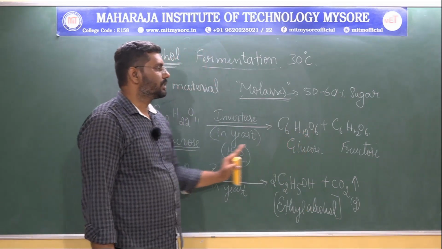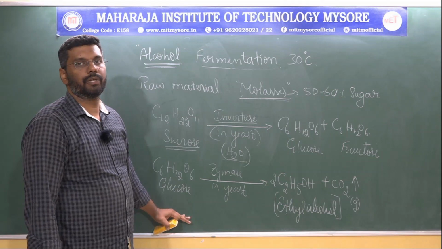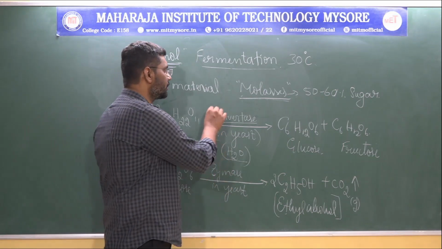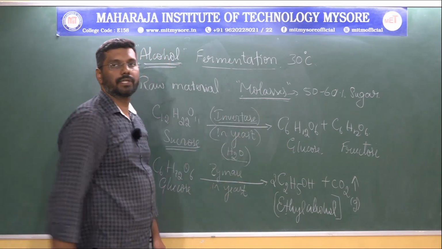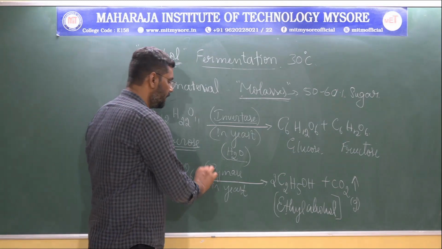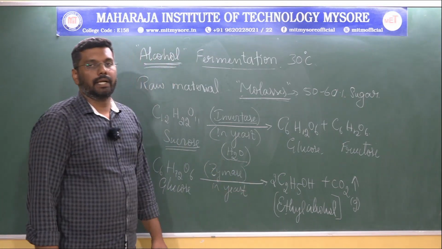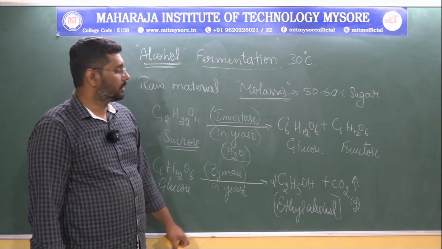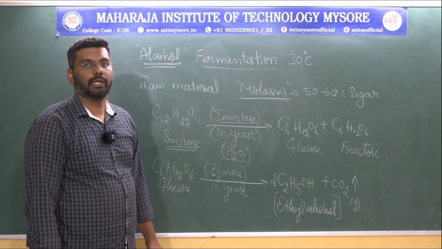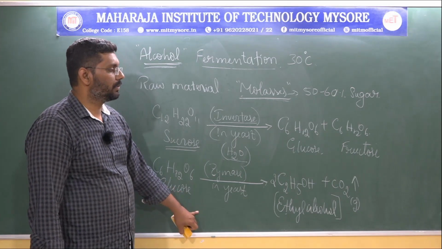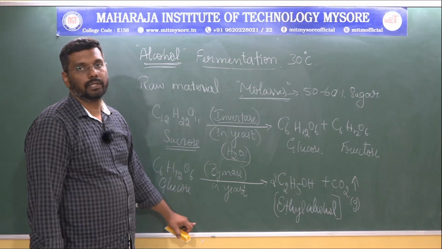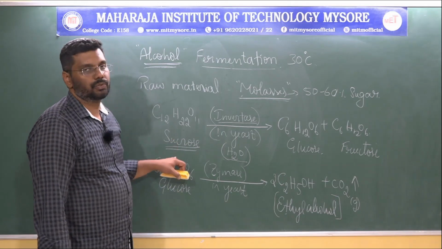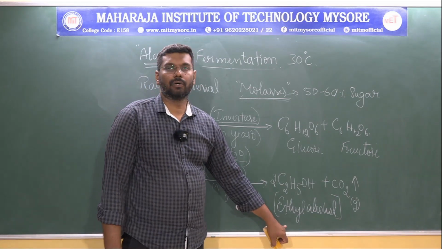You should be very familiar with this fermentation process because it takes place in the presence of enzymes like invertase and zymase. This reaction is carried out at 30 degrees centigrade, and at that particular temperature and the required time, we convert sucrose into ethyl alcohol.